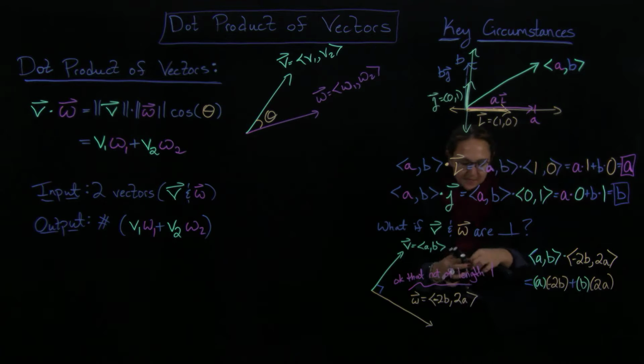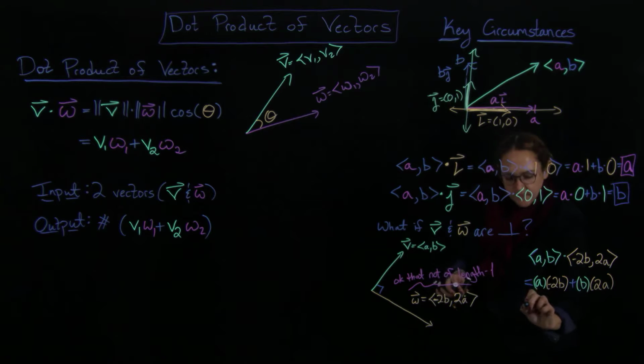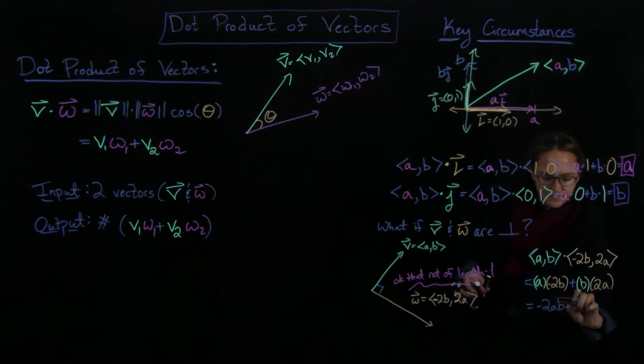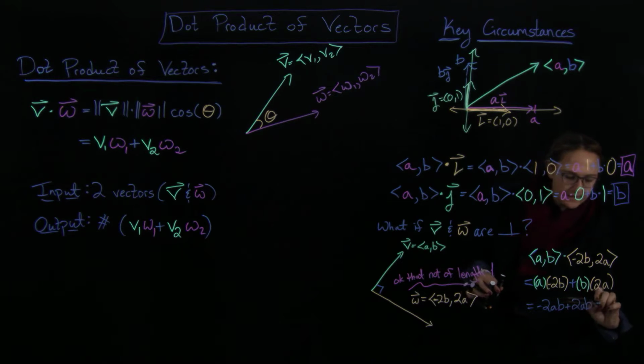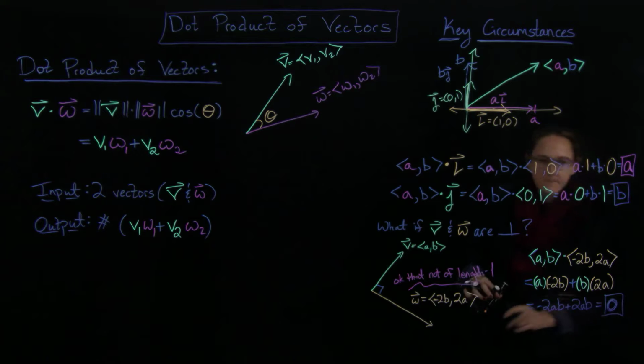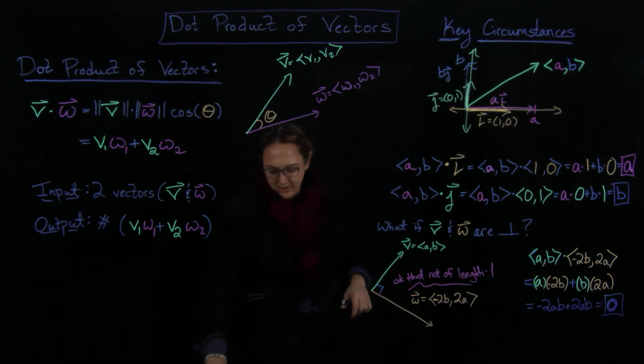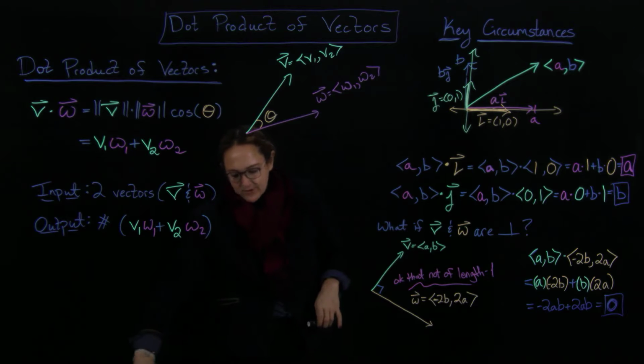So we get minus 2AB plus 2AB. What do we get out? We get 0. So anytime you have two vectors that are perpendicular, you're going to get 0.